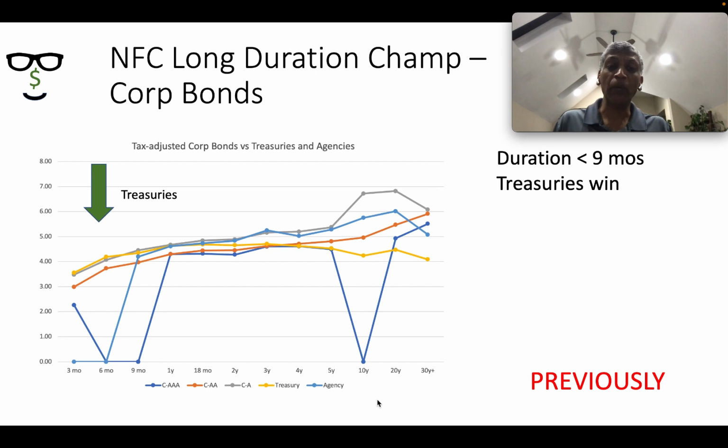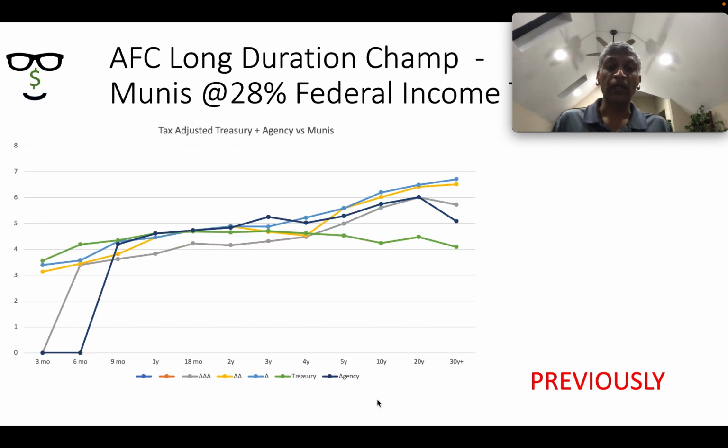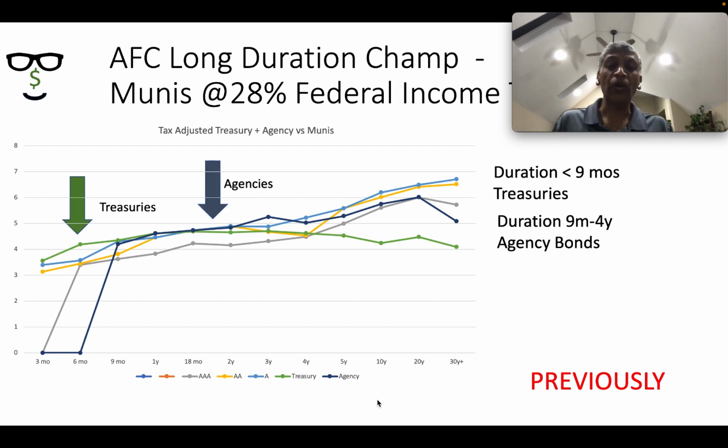And when we compared corporate bonds, again in the low duration, treasuries won, and in the medium, agencies won, and corporates seemed pretty good in the long duration. That's when we introduced the concept of a yield Super Bowl. And we said, gee, I wonder what will happen if we bumped up munis and corporate bonds in the long duration.